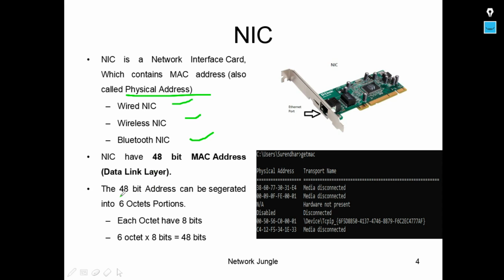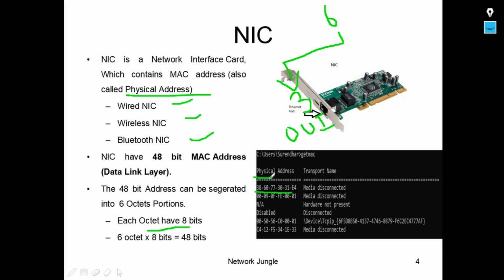The 48-bit MAC address can be segregated into 6 octet portions, each octet having 8 bits. So 6 times 8 is 48 bits. Here are the basic examples of the physical address.